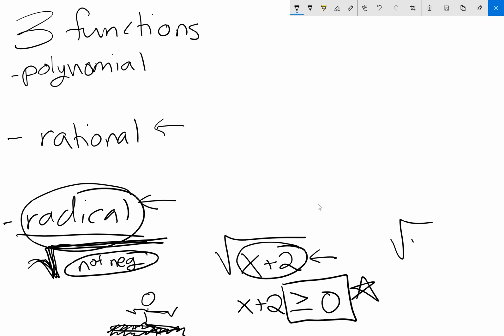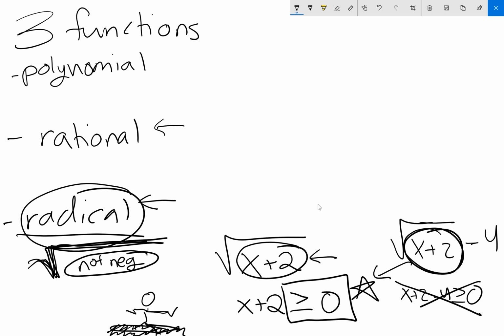Understand that it's only concerned with what's inside. So we're not going to do x plus 2 minus 4 is greater than or equal to 0, because you're including something outside of the radical. We're only concerned with what's inside. So x plus 2 is greater than or equal to 0. Subtract 2 from both sides: x is greater than or equal to negative 2. We'll go over an implementation here in a second.